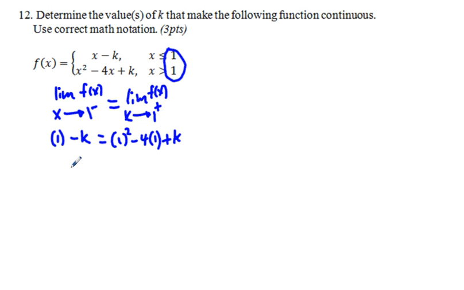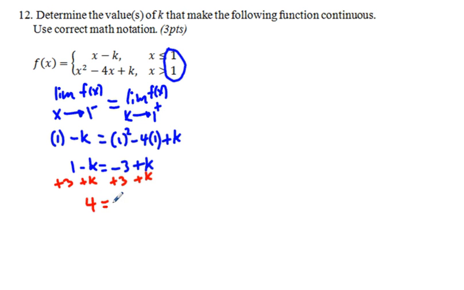And simplifying, we have 1 minus k on the left side equals 1 minus 4 plus k. 1 minus 4 is going to be negative 3 plus k. Well, we can add k to the left side and add k to the right side, and simultaneously add 3 to the right side and add 3 to the left side, and we're left with 1 plus 3 on the left side is 4.